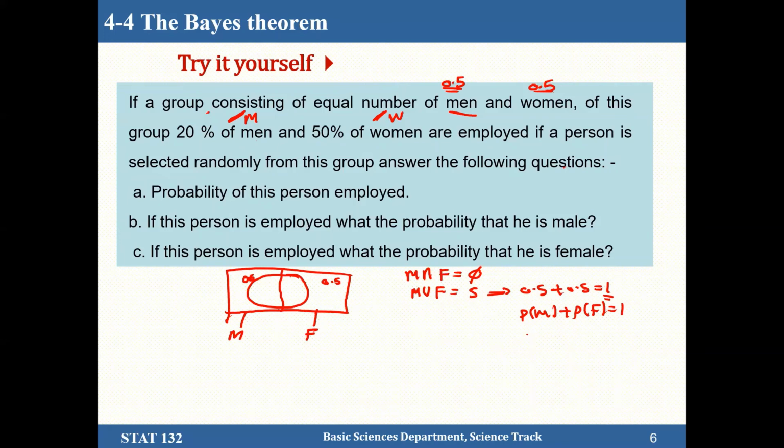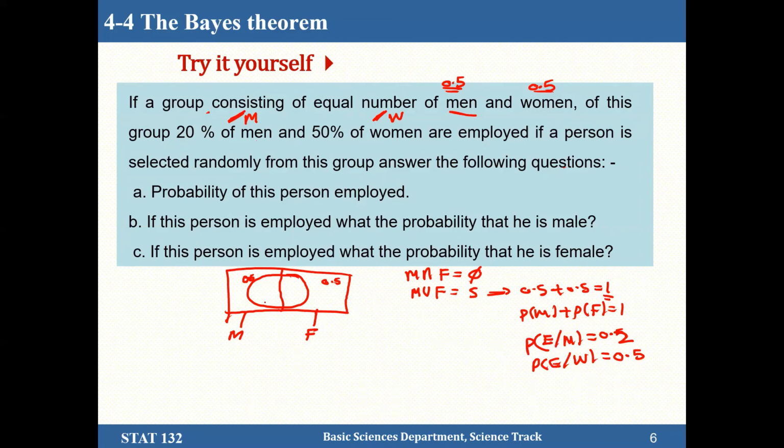This means P of employee E given M is 0.2. P of employee given woman equal 0.5.